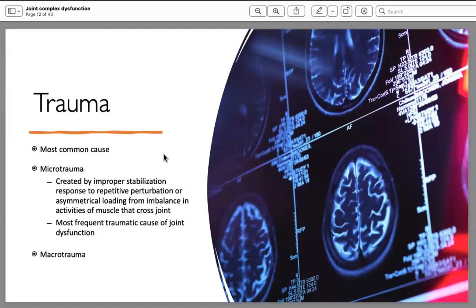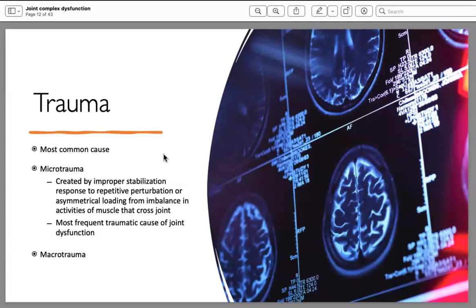Some element of trauma is the most common cause of joint dysfunction. And when we're thinking of trauma, we're also thinking of micro trauma, not necessarily just macro trauma. So when we think of micro trauma, this is like improper stabilization, response to repetitive perturbation or asymmetrical loading imbalances.